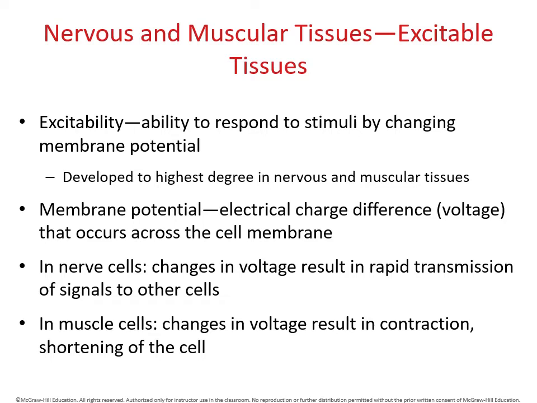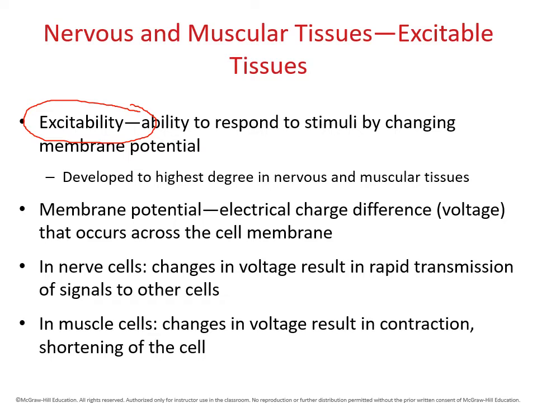And we can discuss these two tissues together because they share some of the same qualities, including the fact that they're excitable. Excitable means that they're able to generate a response when they receive a stimulus. So for instance, if you excite a muscle, it will contract. If you excite a neuron, a nerve cell, it will often send off an electrical chemical signal for you to pick up.